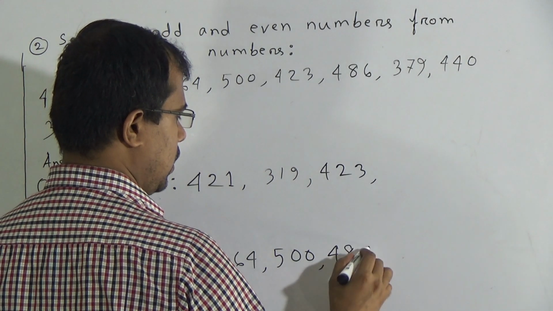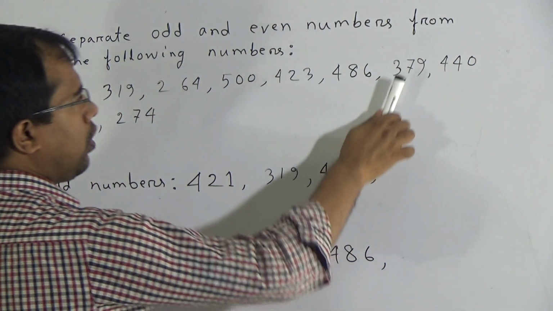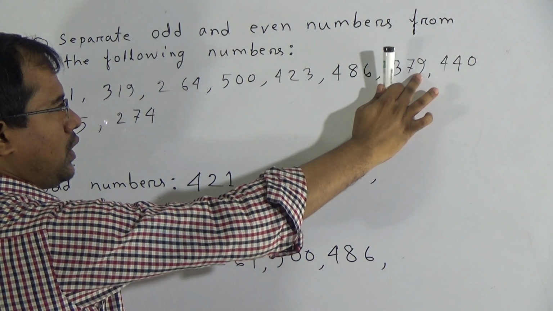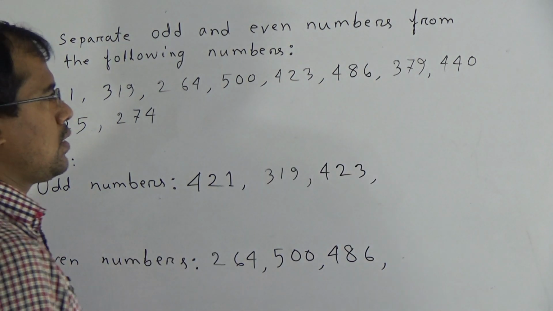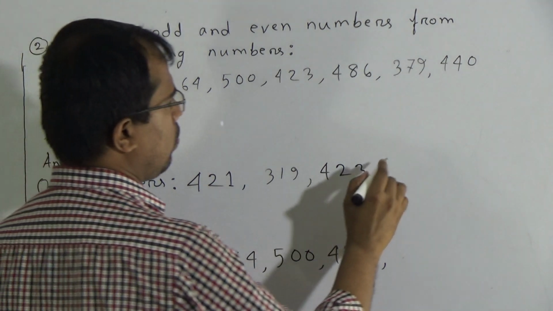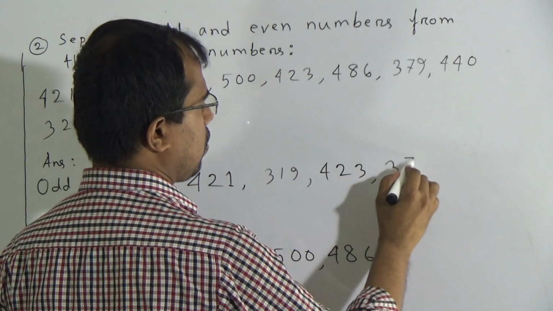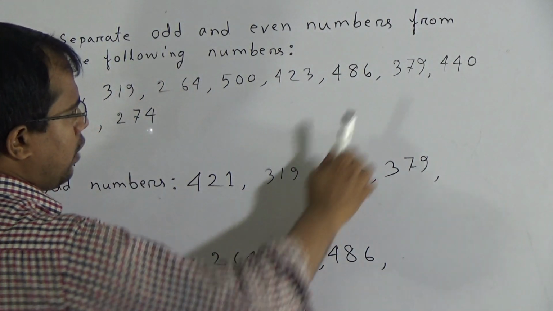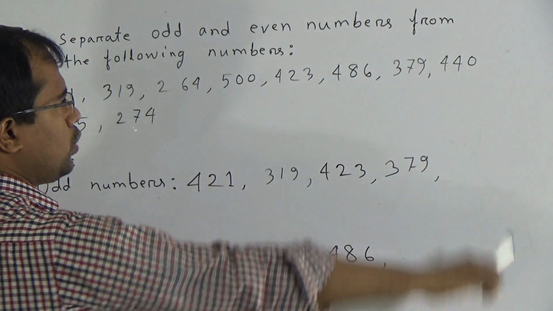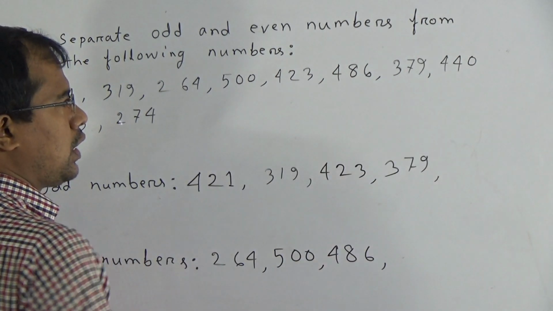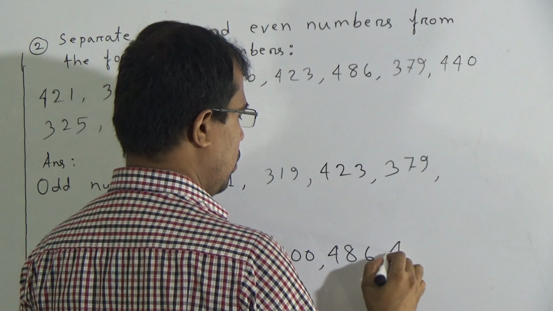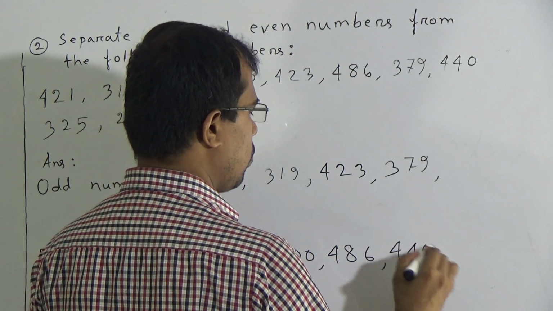Now 379, ones place digit is 9, 9 is odd digit, so the number will be odd number. Then 440, which ones place digit is 0 and it's even digit, so 440 will be even number.